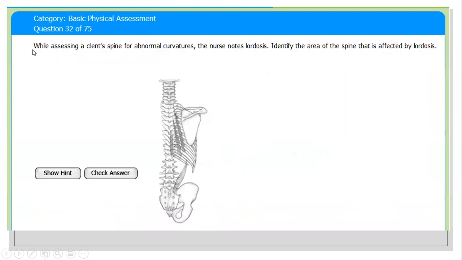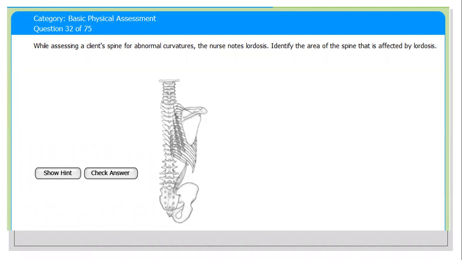Next question. While assessing the spine for abnormal curvature, the nurse notes lordosis. Identify the area of the spine that is affected by lordosis. So this is the spine: cervical area, thoracic area, lumbar, and sacrum.